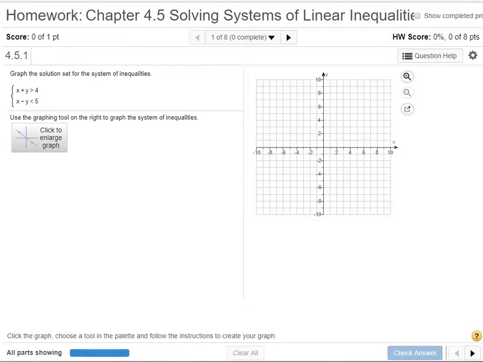Hello everyone, we're going to look at solving systems of linear inequalities. So here's my problem, and we're going to take two things that we already know and understand. We know how to solve a system of equations, and we know how to graph an inequality.